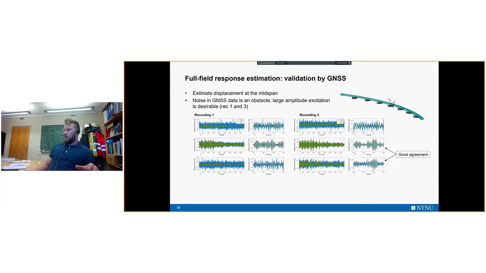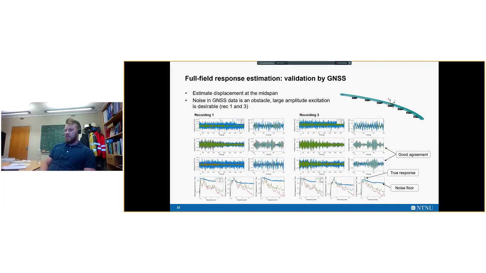And we see that we have quite a good agreement, especially for the vertical and lateral direction. However, we need some large amplitude excitations to really validate this, because in the satellite data we have a quite significant noise floor. So the GPS data cannot provide millimeter accuracy for dynamic applications.